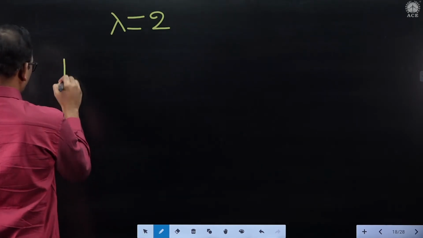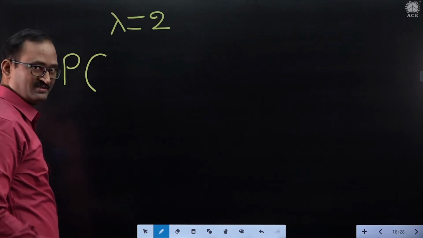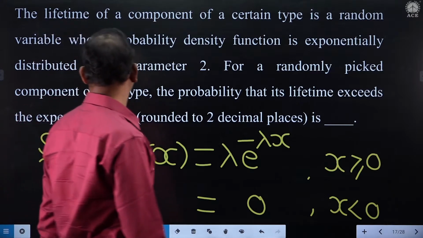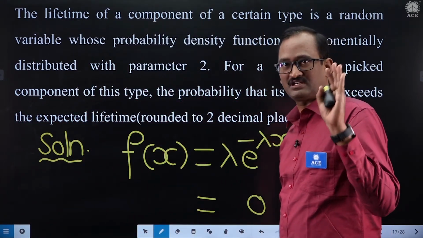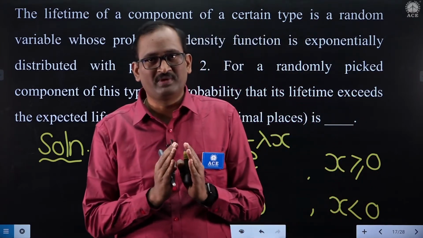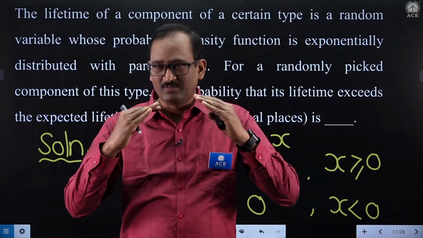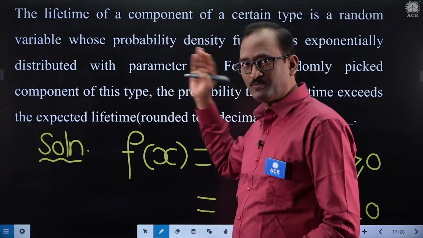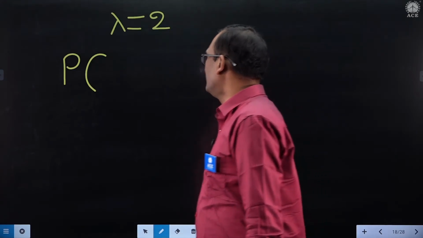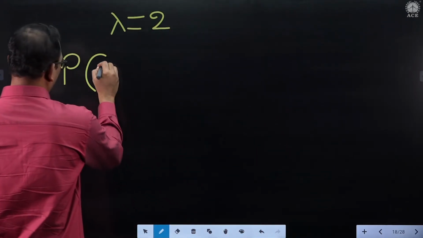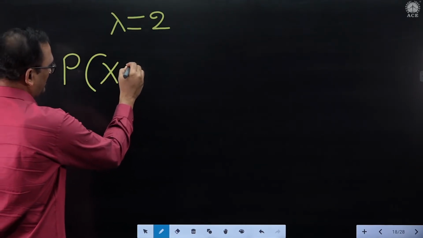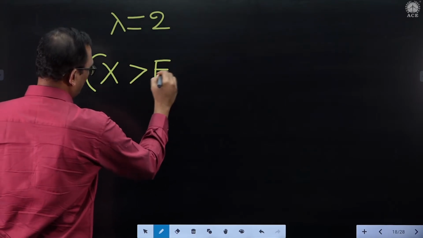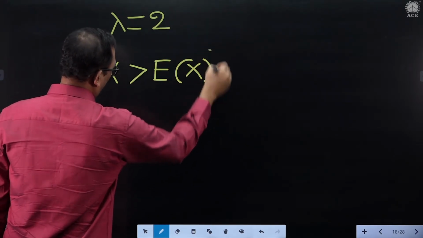We were asked to find the probability that the lifetime exceeds its expected value. Let us assume x is equal to the lifetime of some particular component. Therefore, we need to find the probability of the lifetime, let it be x, of some particular component exceeding its expected value.